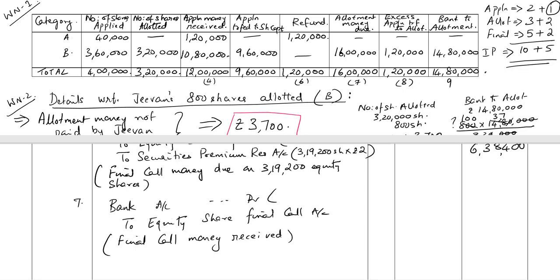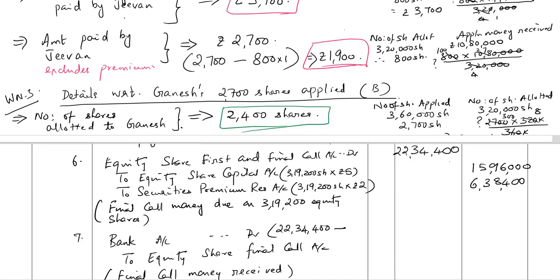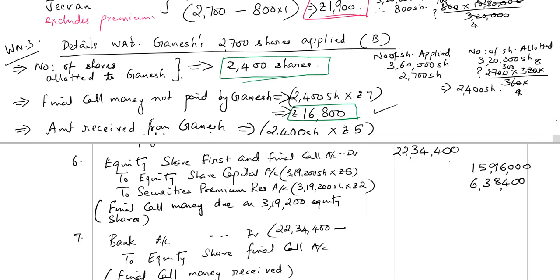The amount against this is the amount of final call money which is totally due, which as per the previous entry is 22,34,400 minus the amount of final call money which is not paid by Ganesh. As per the working note, it is 16,800 rupees. So we arrive at 22,17,600 rupees.